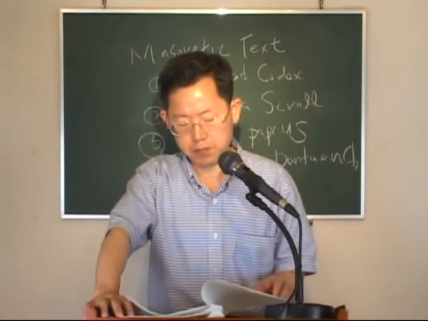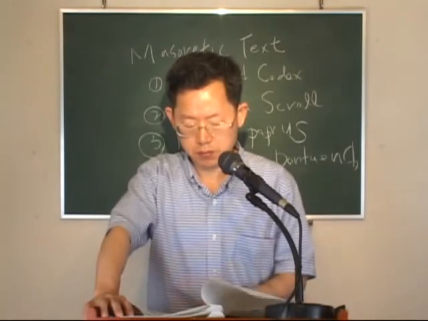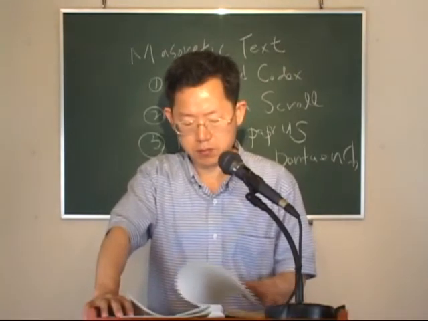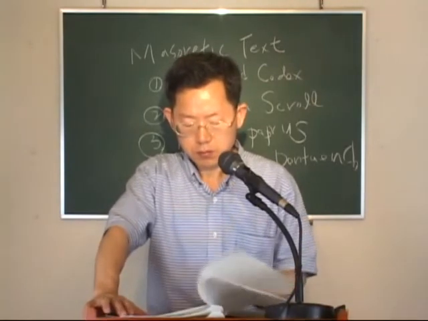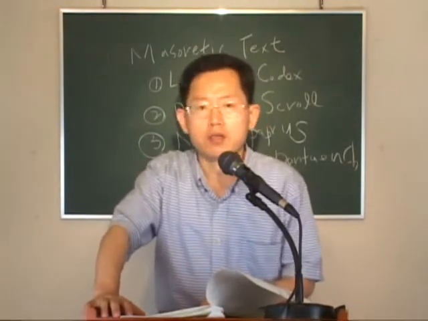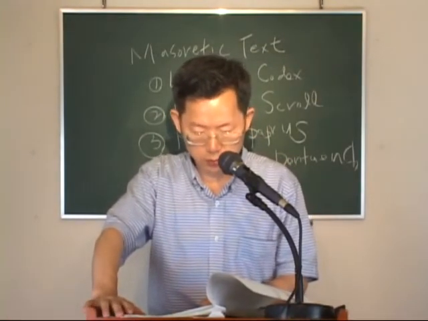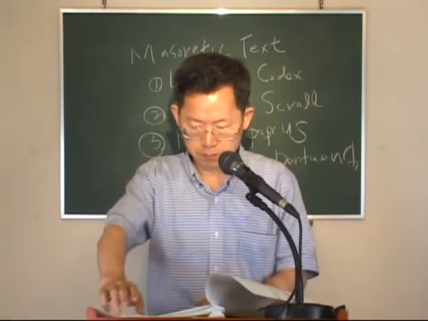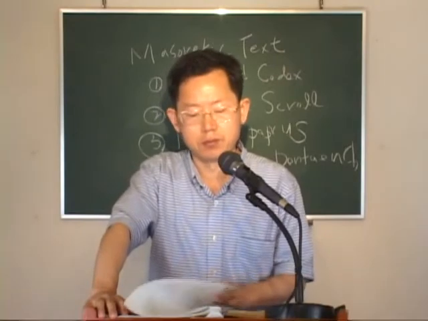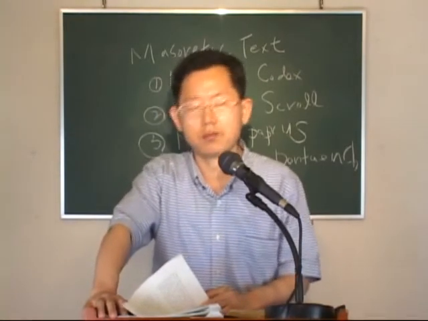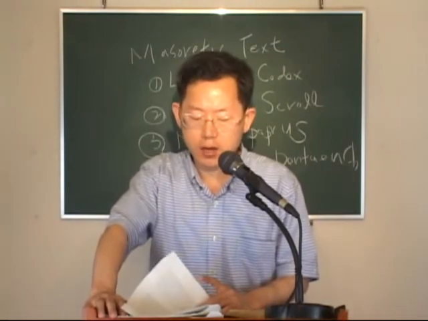Eleazar, the high priest of the time, sent 6 people from each tribe, which was a total of 72 people, to an island called Paros, where they translated the Hebrew Bible into Greek.